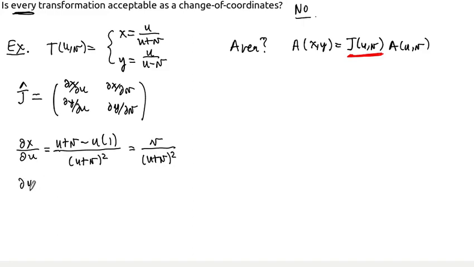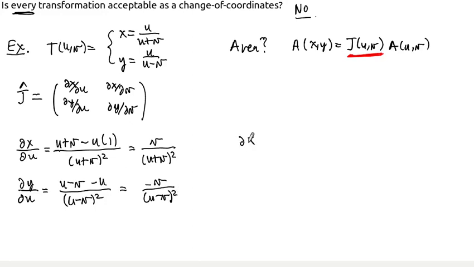Then we can take dy du, same deal. This one's also going to be a quotient rule: (u minus v) minus u times the derivative of the bottom with respect to u, so that's just 1, over (u minus v) squared. This simplifies to minus v over (u minus v) squared. Then we move over to the next derivative.